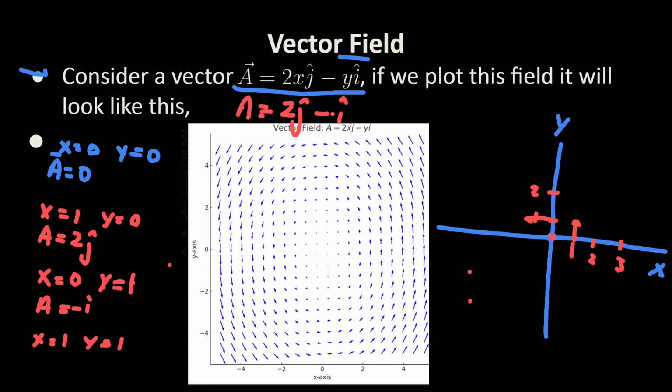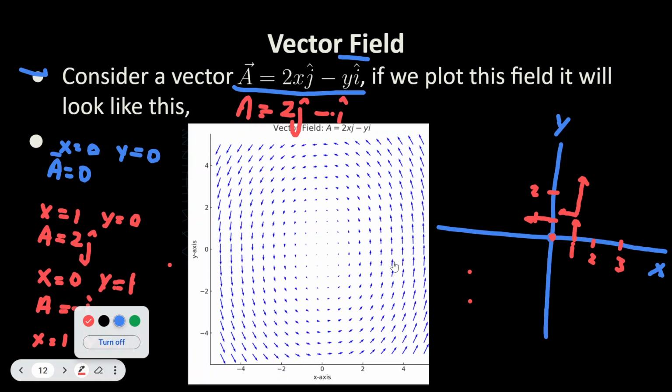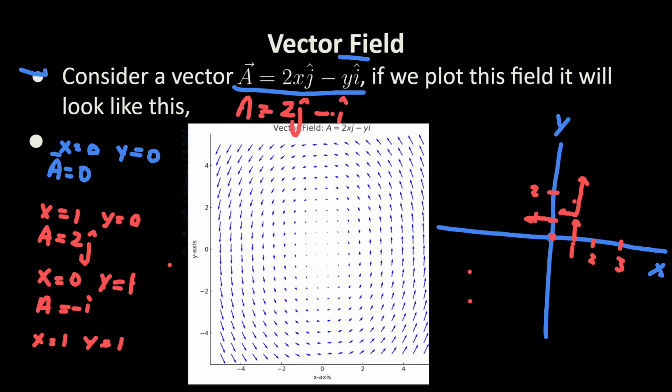Now if I plot this, so 1 1, see this point is 1 1, so minus, so it is 2 j cap. 2 j cap means 2 units along the y axis and 1 unit along the negative x. So the resultant of this vector will be like this.